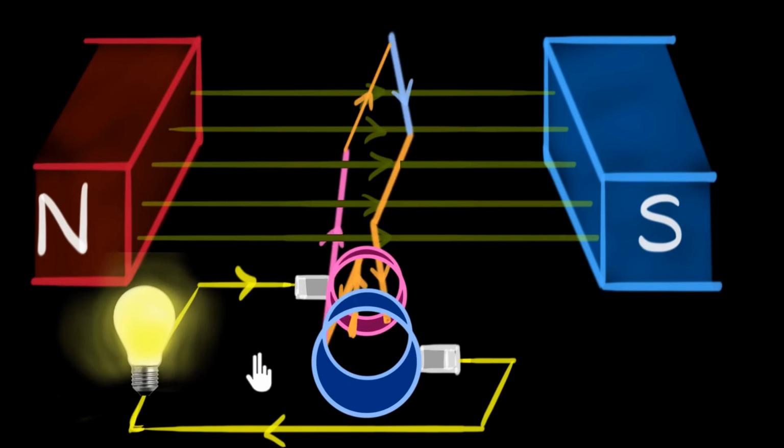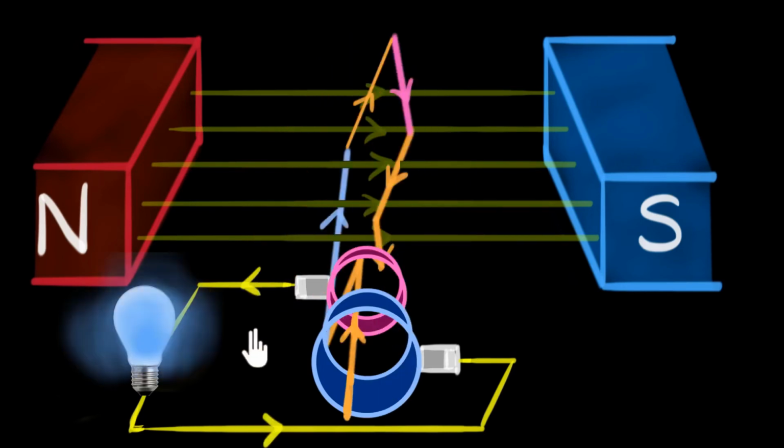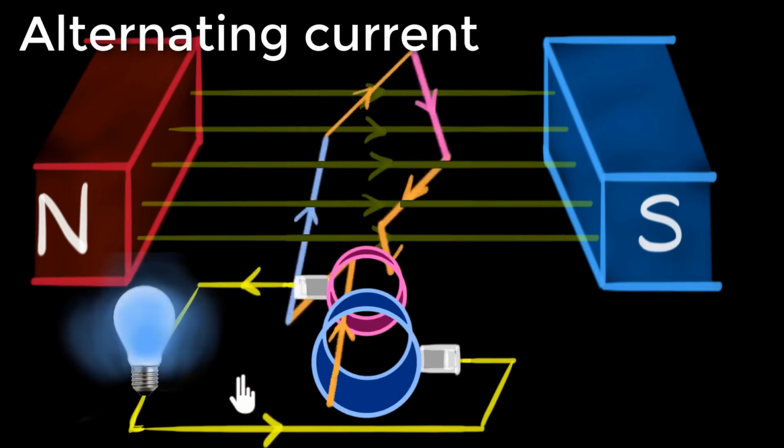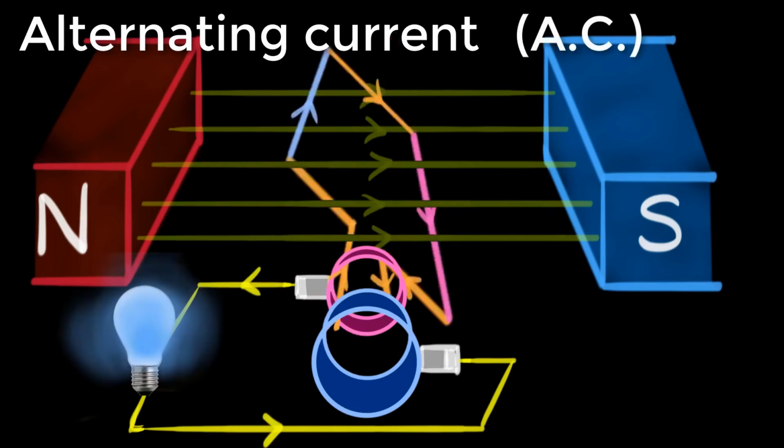And what's interesting to see is that the current from that generator is continuously changing its direction. Such a current is called alternating current, or AC.